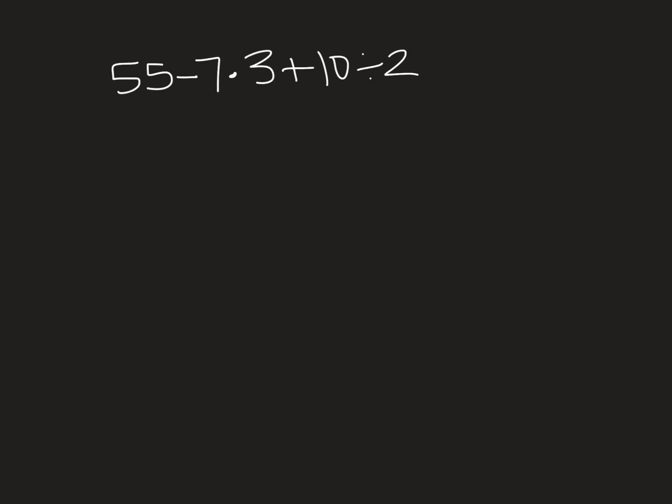So, I see a problem that has a minus sign, a multiply sign, an add sign, and a divide sign. Well, that's a lot of operations. So when I have a problem that has multiple operations, I need to use my order of operations strategy, PEMDAS.